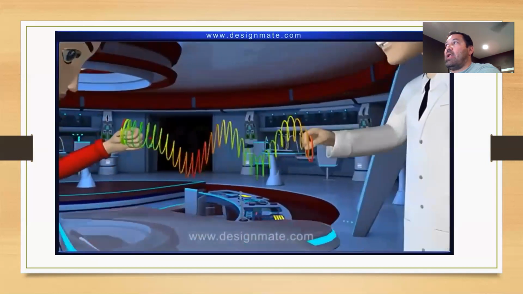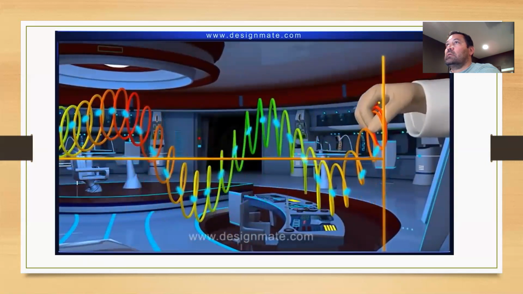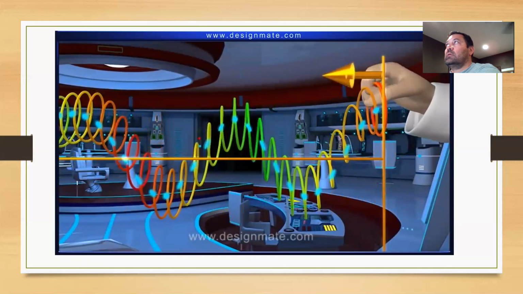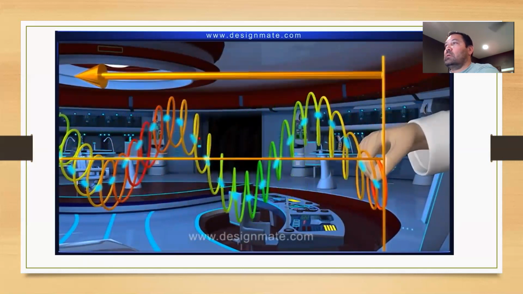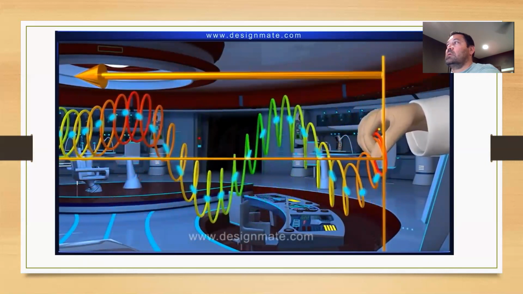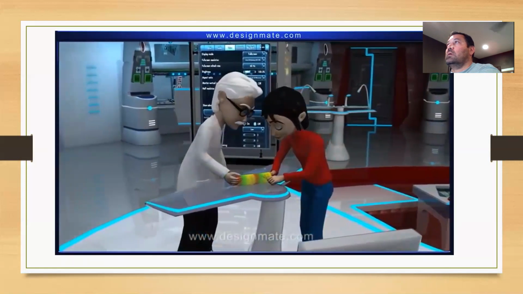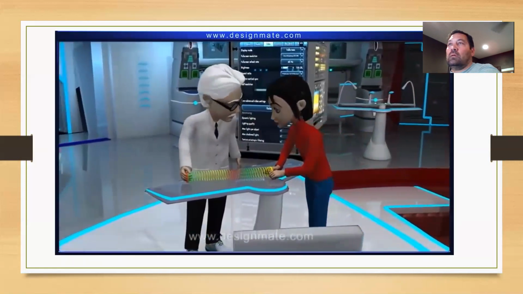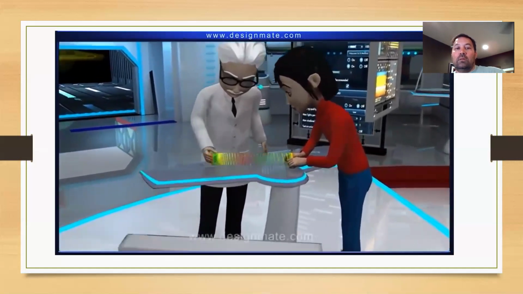In a transverse wave, the particles vibrate at a right angle to the direction of the wave. The wave traveled from Dr. Zook to Emily and back. Now let's see what a longitudinal wave looks like. Emily is holding one end of the slinky, while Dr. Zook is pulling its other end towards himself and then pushing it towards Emily.